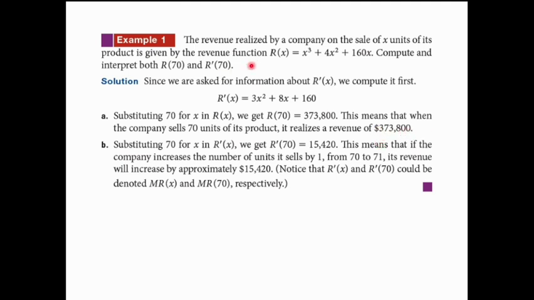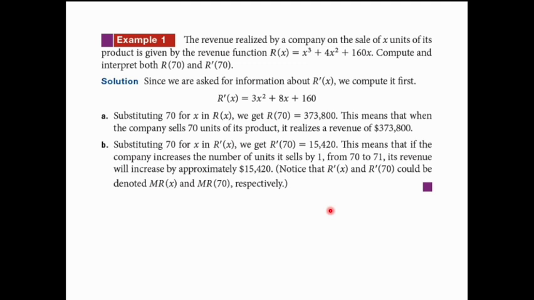Now, if we plug in 70 into the derivative, we take the 3 down in front, we would have 3x squared plus 8x plus 160. So when we plug 70 into the derivative, what we're going to get is 15,420.